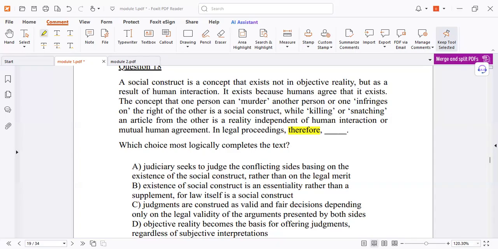Letter A, sir. Letter A? No. Oh my God, sir. Okay, what is the answer?